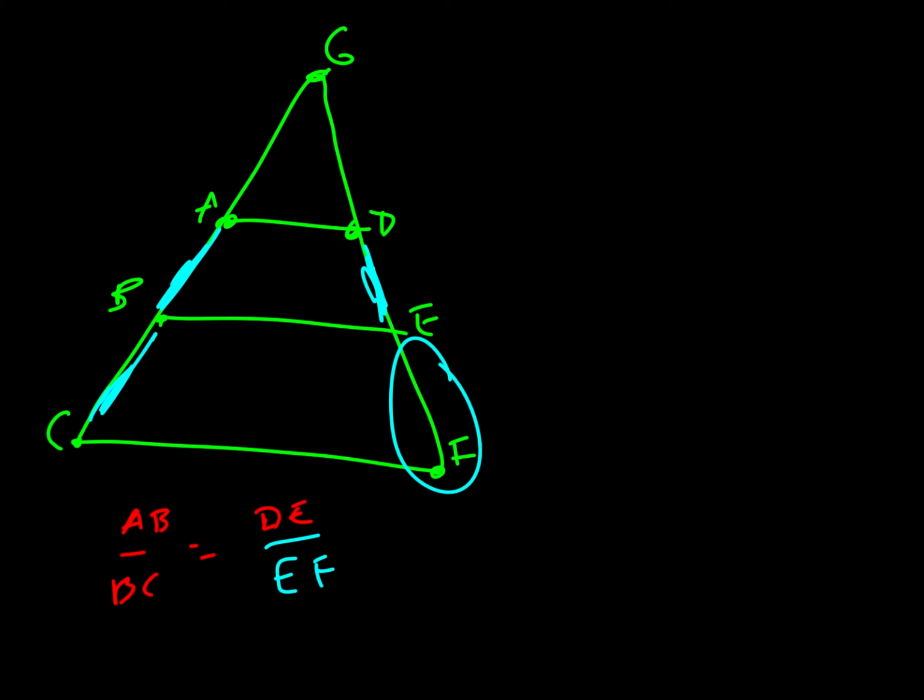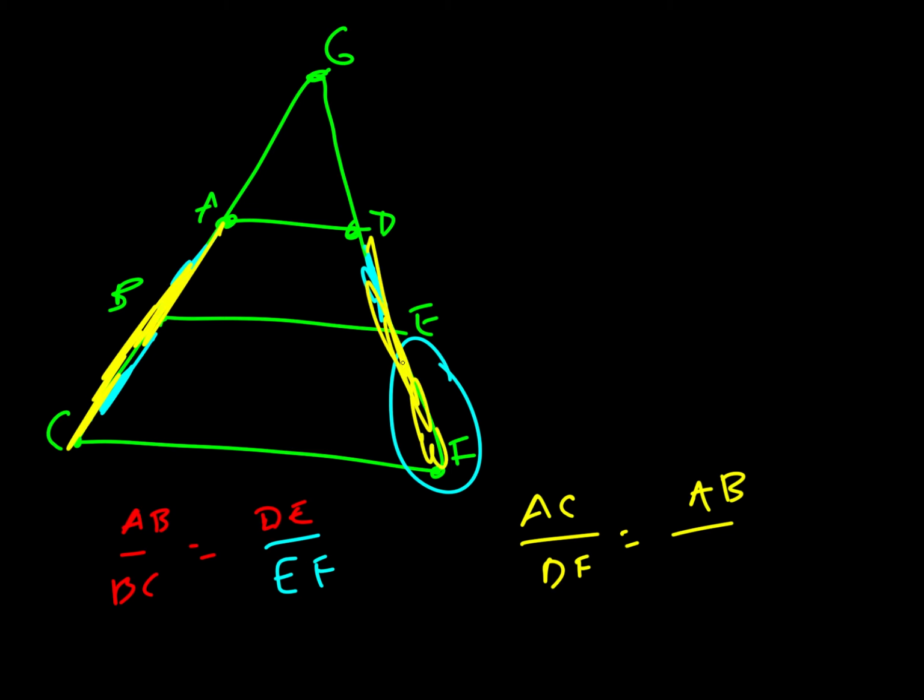Okay, let's look at one more of those. If we're saying AC over DF, then we have AB, and we want to know this one. So this time we have AC, the entire thing, then DF. And which one's going to correspond to AB?